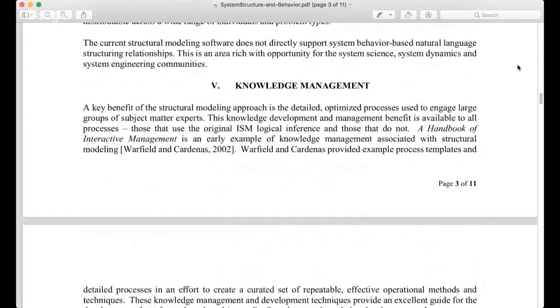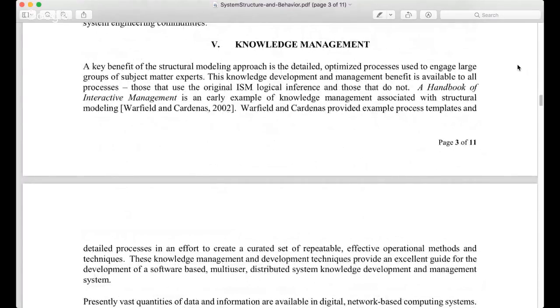And one of the key benefits of interpretive structural modeling, interactive management, has been the establishment of a very well-defined process for knowledge management. It started at a time where most knowledge management was document-based, paper-based, encoded in information.